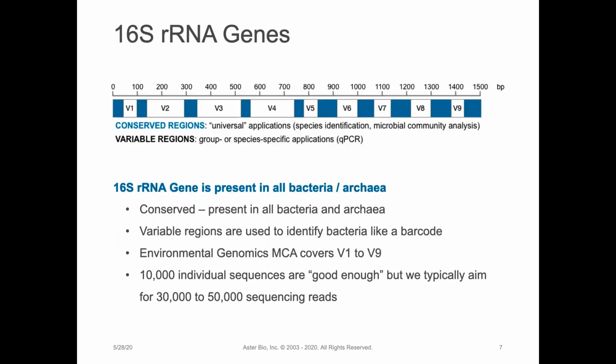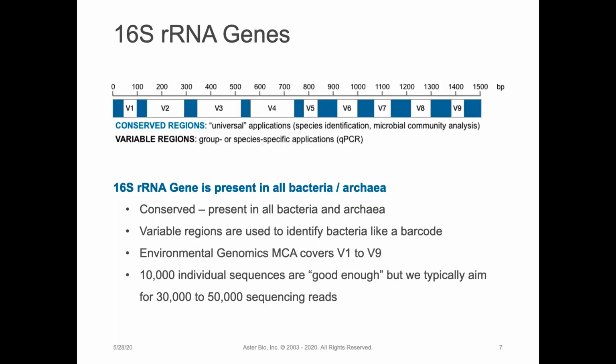And specifically for microbial community analysis, we focus on a single gene called the 16S ribosomal RNA gene. This particular gene is present in all bacteria and Archaea, and there's versions of it even in people as well. So it's a very good target for identifying the different bacteria.